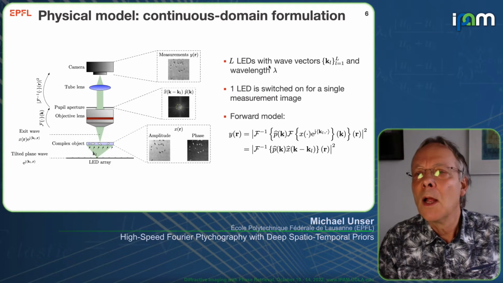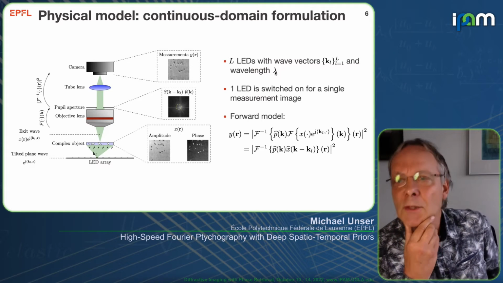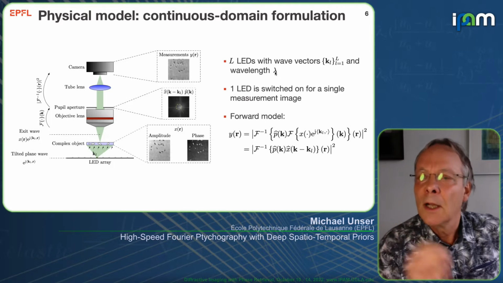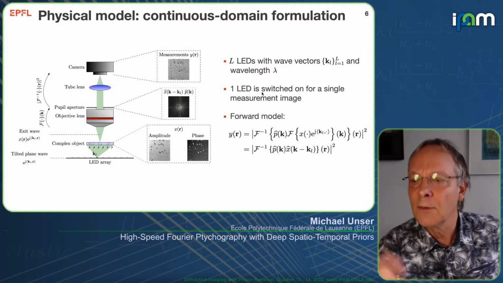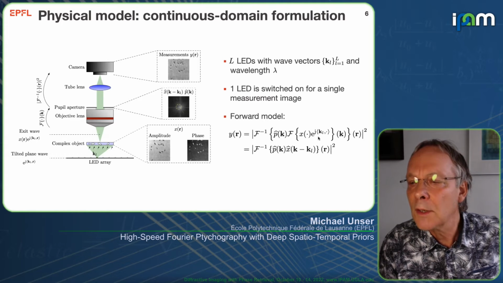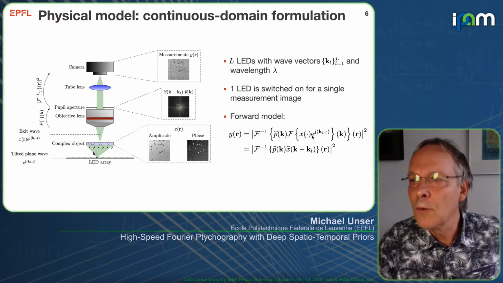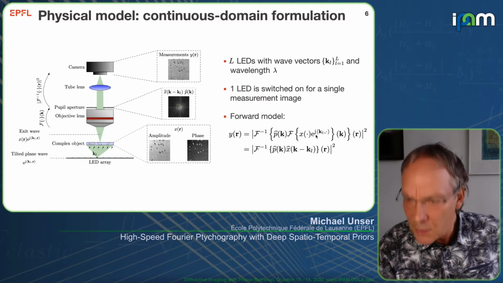And so you have L such LEDs, and so you have some underlying wavelengths, lambda also. And as I said, there's one LED switched on at a time, and so that will then result in this model here. So the modulation is just this multiplication with the complex sinusoid in space.